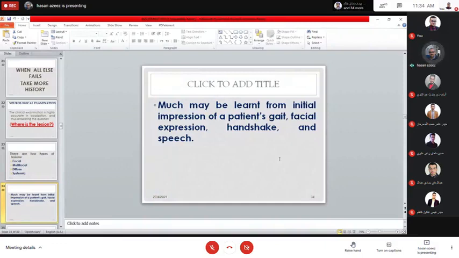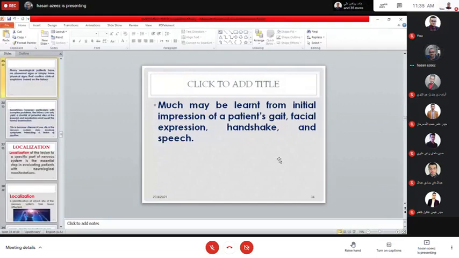When he starts giving me the complaint, I will recognize the abnormal facial expression. In a handshake, we may recognize the tremor, the involuntary movement. When he starts to talk, we will recognize abnormality in speech. And what type? Is it dysarthria, dysphasia, dysphonia, whatever. So sometimes the examination findings precede taking history.